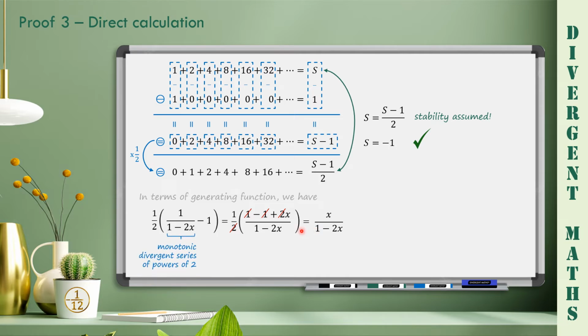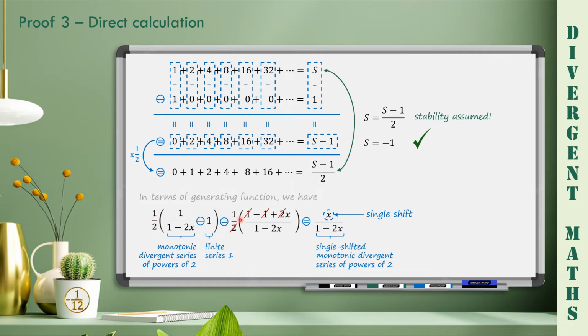In terms of divergent series, this one is a monotonic divergent series of powers of 2. That one minus the finite series 1 plus an infinity of 0 is equal to the single shifted term, monotonic divergent series of powers of 2.